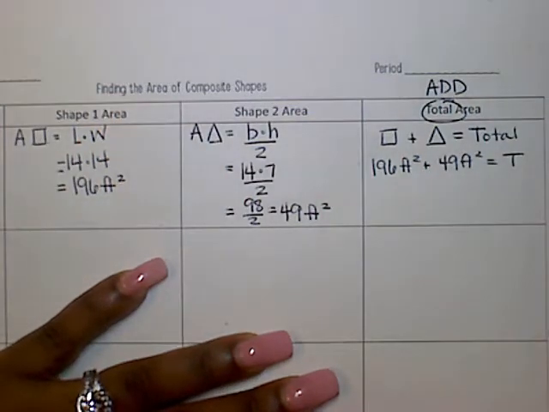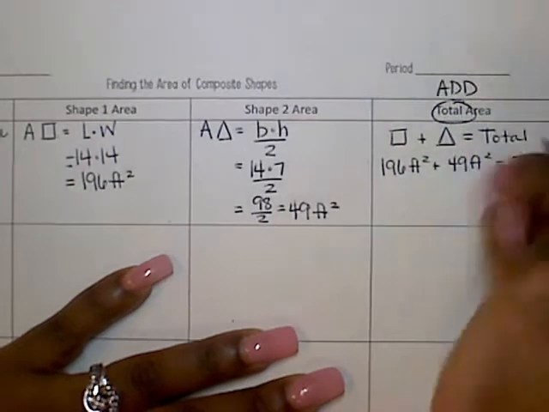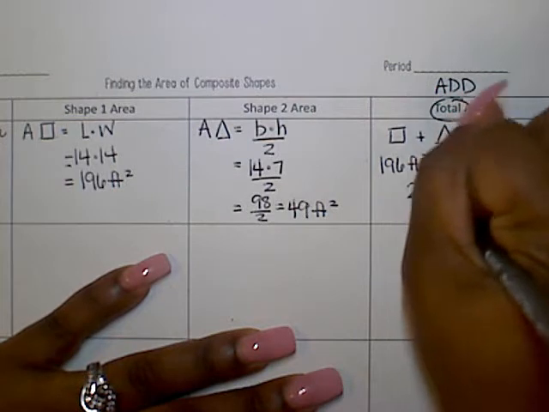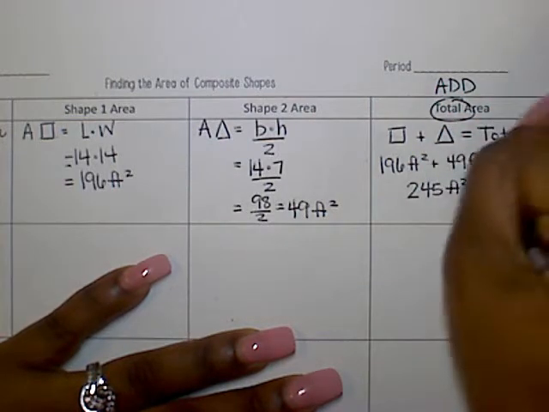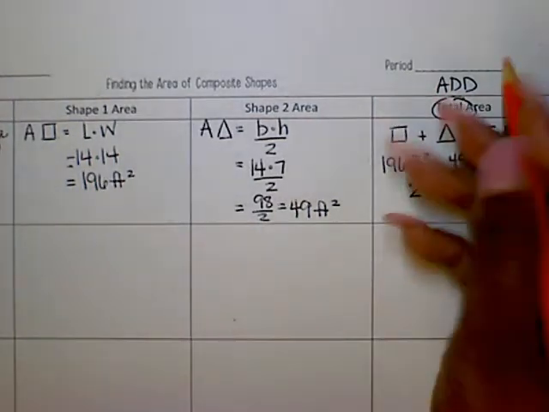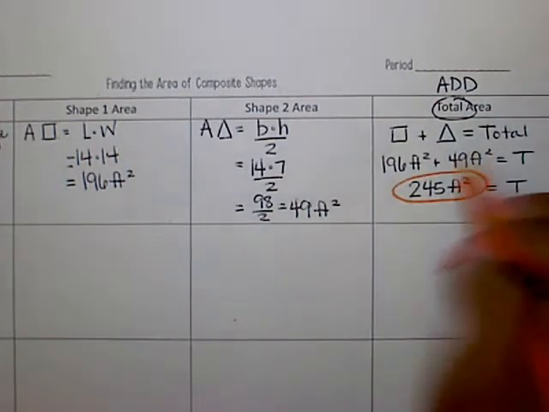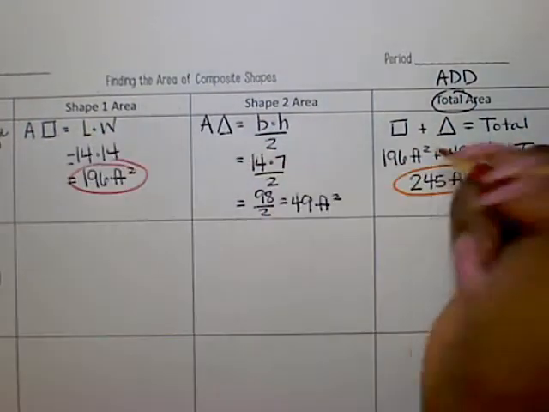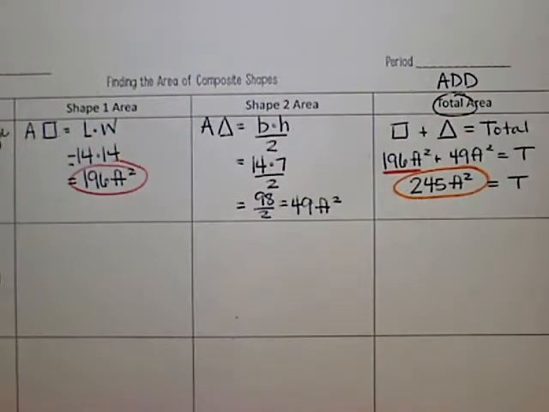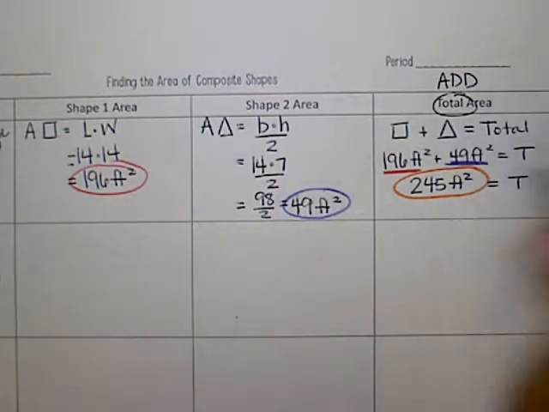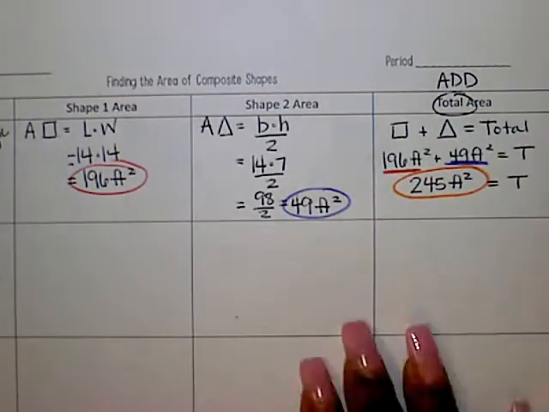We add 49 plus 196 in our calculator and we get 245 feet squared equals our total. So that will be our answer right here. Again, we took our square and we took our triangle, and together we got our final answer.